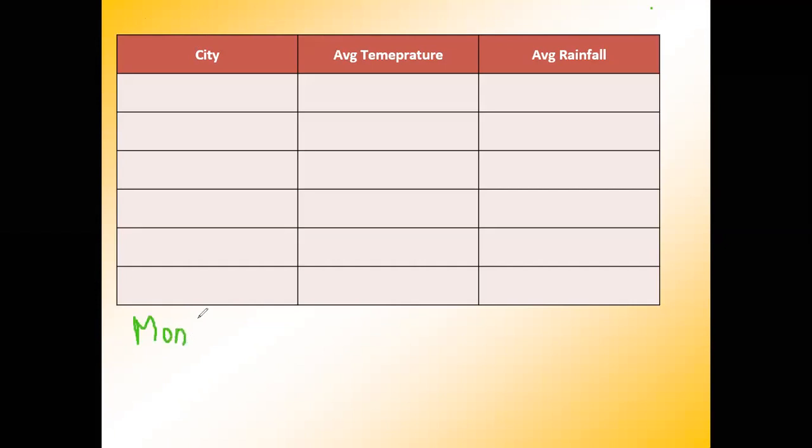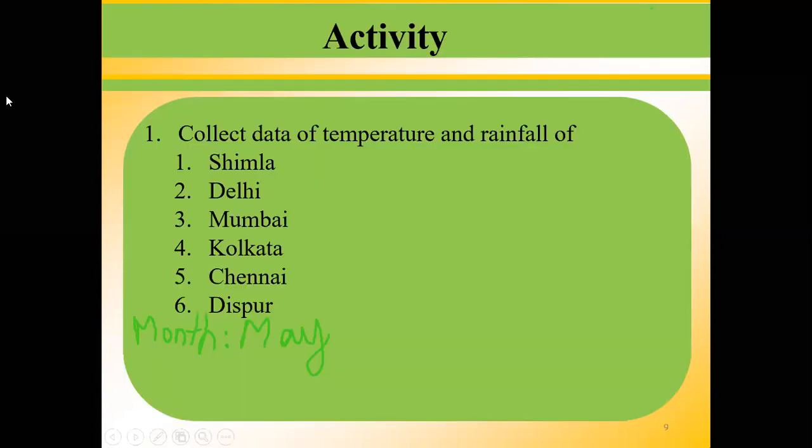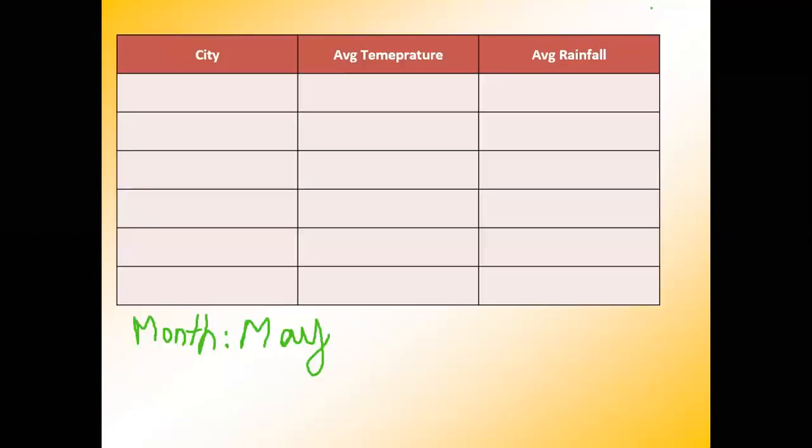I don't have the place in my slide to comfortably write and show you all, so just write month May on the top. In the city column, you all are going to write down the names of all the cities that we have decided. So Shimla, Delhi, Mumbai, you will write it down.